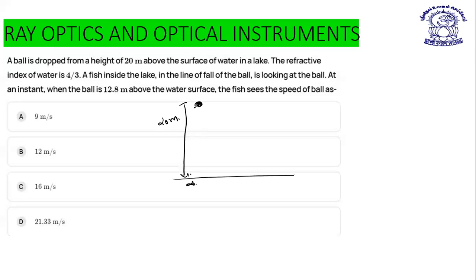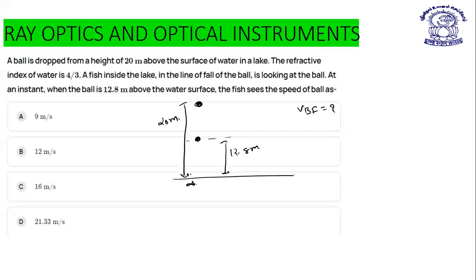When the position of the ball is at 12.8 meter above the water surface, we want to find the velocity of the ball with respect to the fish. First, we will find the velocity of the ball at this position.